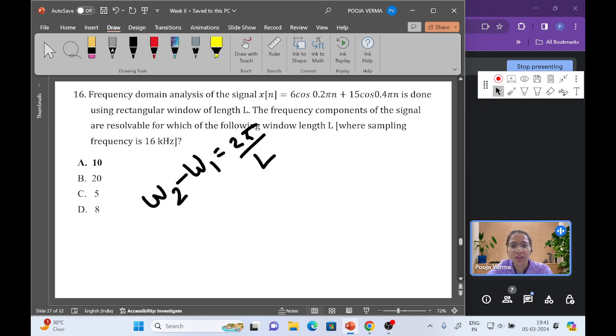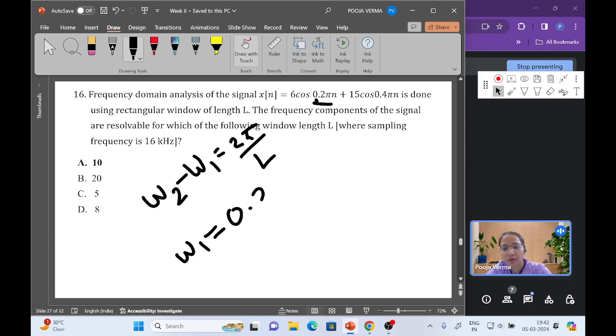Okay, so what is the value of omega 1 and omega 2? First, we need to find that. Omega 1 is here, 6 cos 0.2 pi n, so omega 1 is 0.2 pi. And what is the value of omega 2? That is 0.4 pi, because it is in the form of cos omega 1 n plus cos omega 2 n.